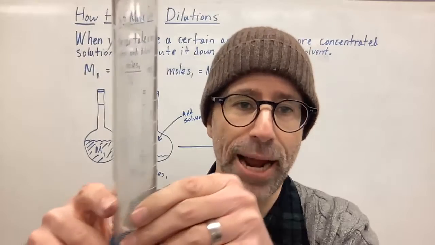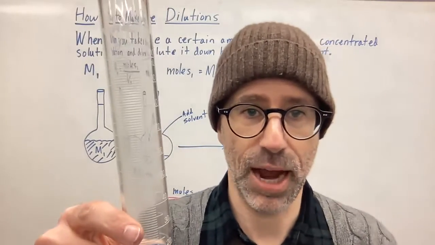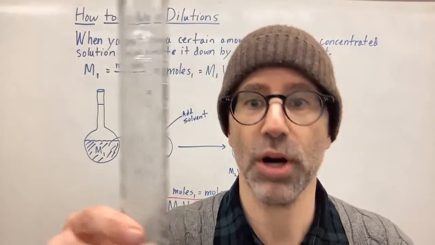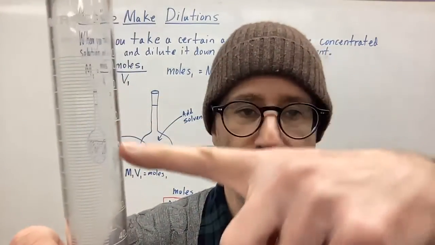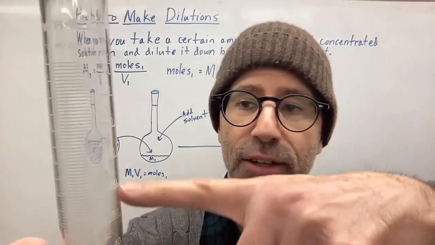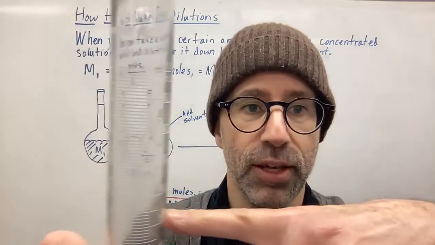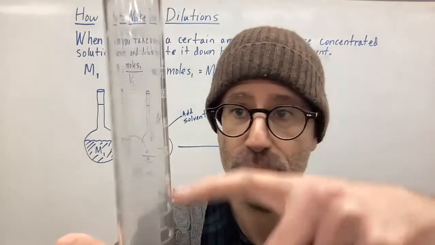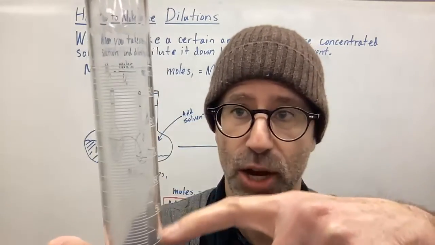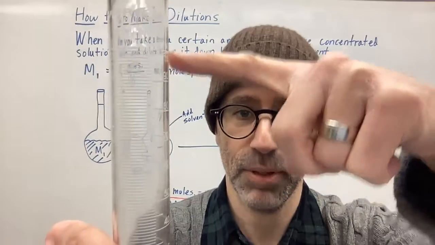And so if you have a graduated apparatus, like a graduated cylinder or a graduated pipette, you'll notice that these are gradations. You can measure various kinds of volumes using this measuring apparatus. And so you can measure many different volumes as long as you're not over the top here.